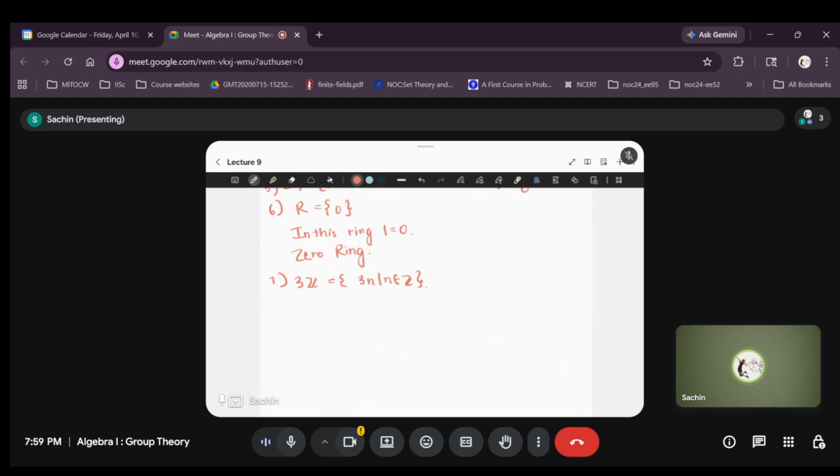Consider the quotient group. Actually, I have not defined what a quotient group is. But in this case, just think of it as the equivalence classes of the mod 3 addition.